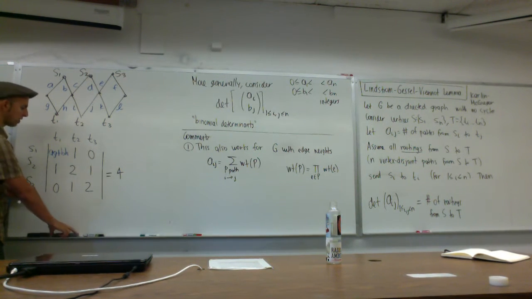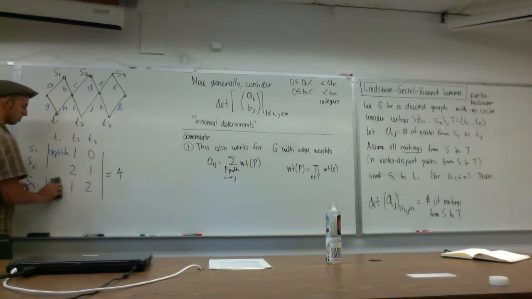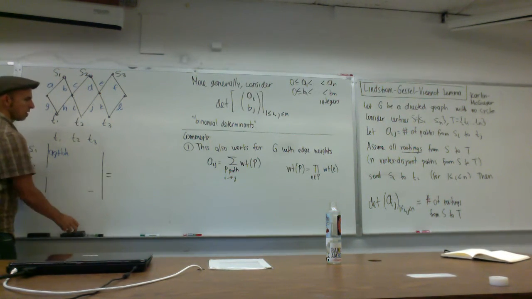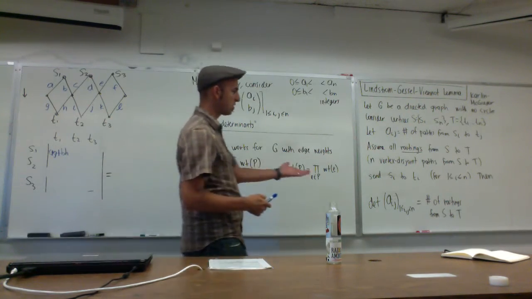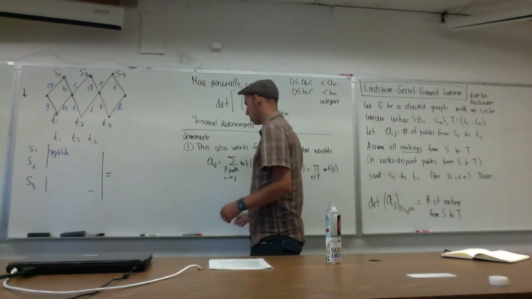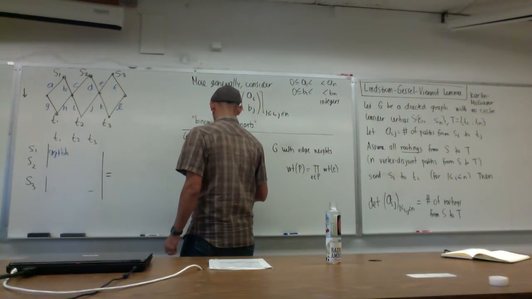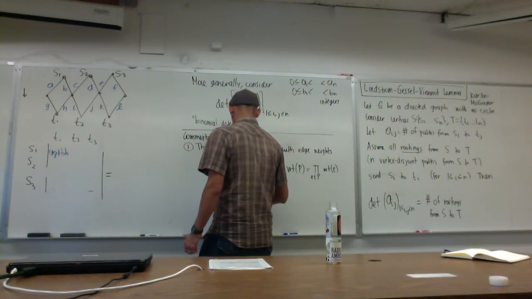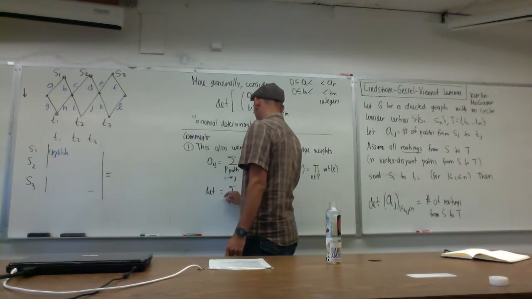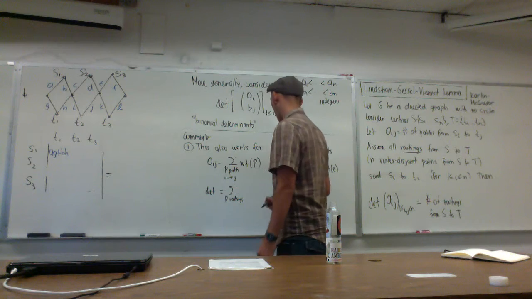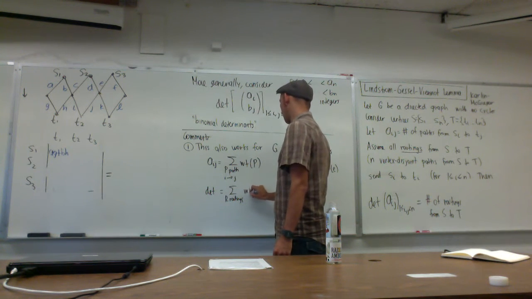And so you do that for every one of these entries. And then the result is that when you compute this determinant, what you get is the sum over the routings of the weight of the routing.